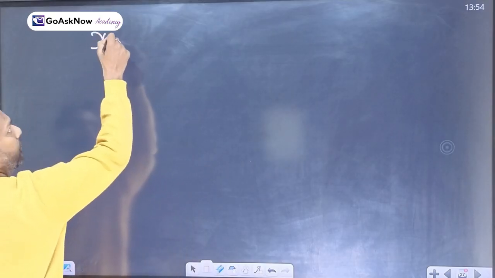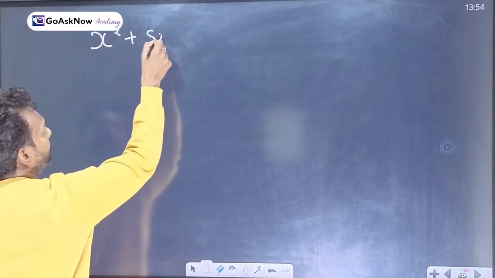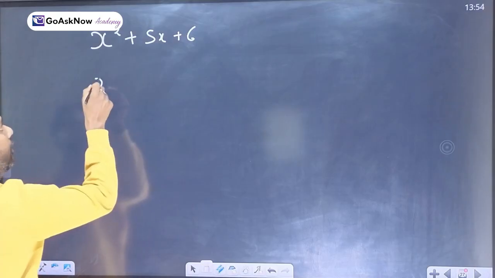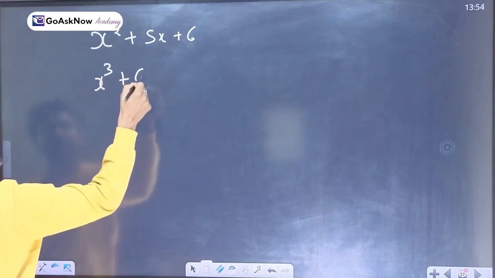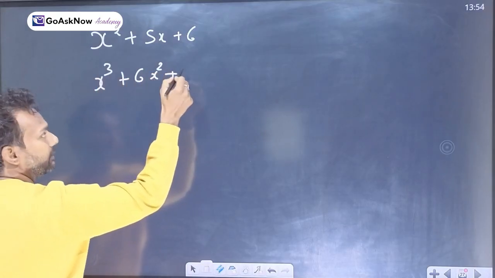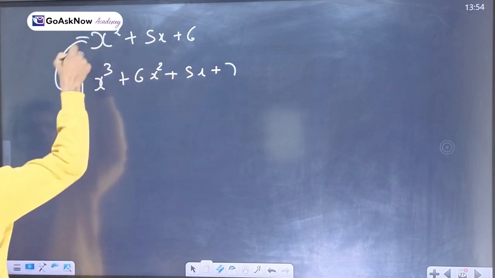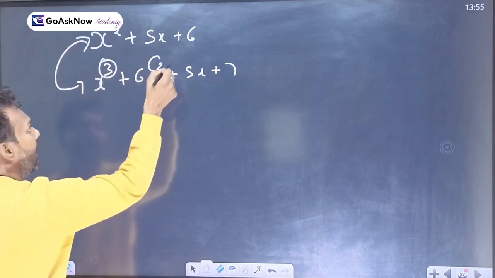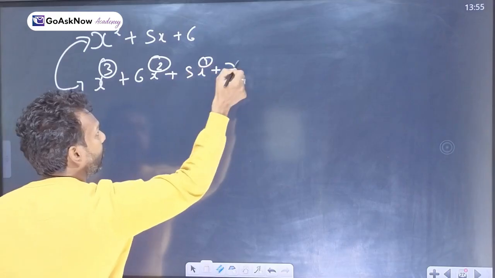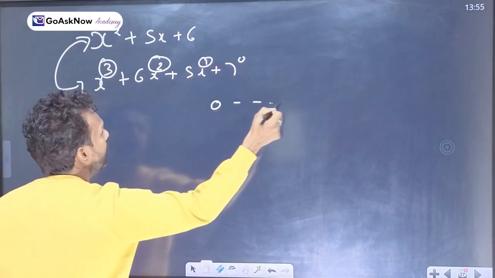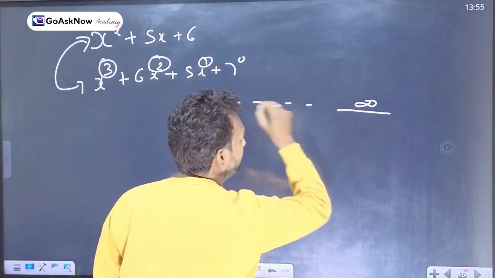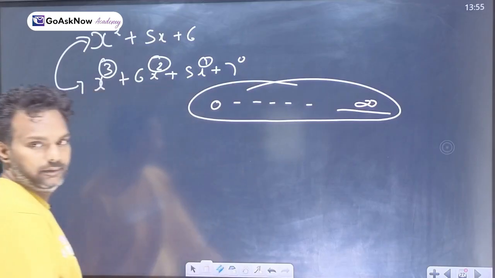So any expression in the form of x squared + 5x + 6 or x cubed + 6x + 6, or 6x squared + 5x + 7, these are examples of polynomials because here the power of x is always a whole number. Whole numbers start from 0 and go toward infinity.